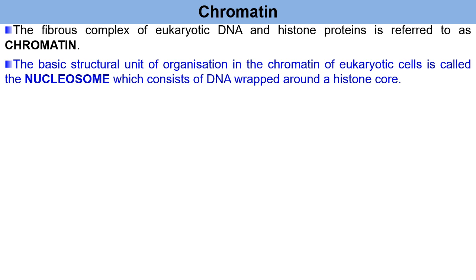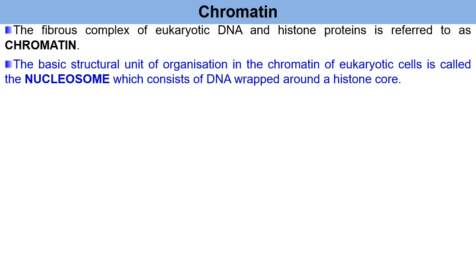That is, the primary protein component of chromatin are histones, which anchor the DNA. And the primary function of chromatin is to package DNA into a more compact and denser shape.